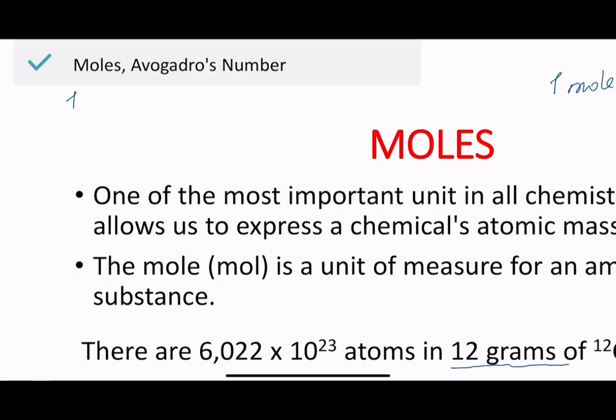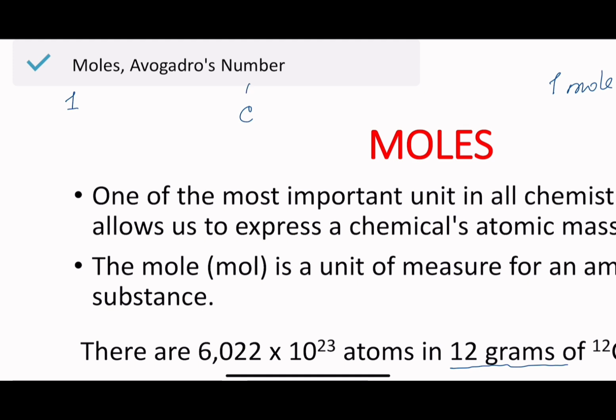If you look into the periodic table and check out the carbon on the periodic table, you will see that carbon has an atomic number of 6 and atomic mass of 12. This atomic mass was represented with 12 AMU, atomic mass unit.